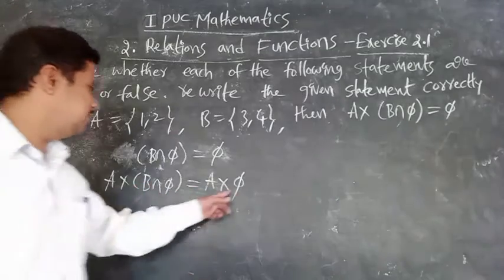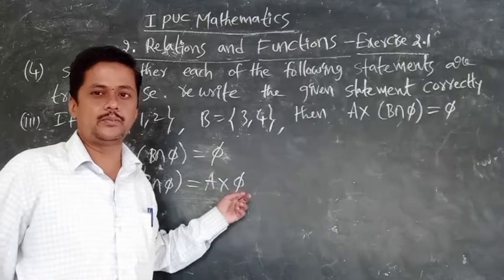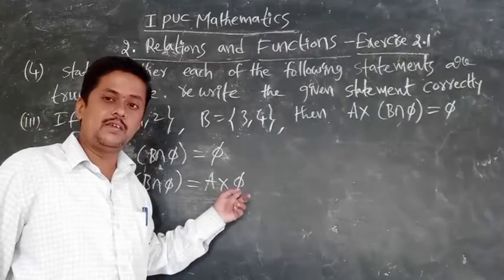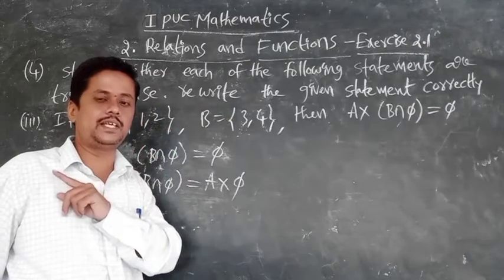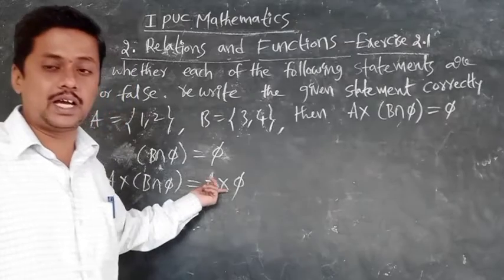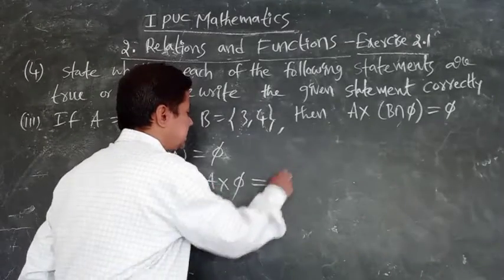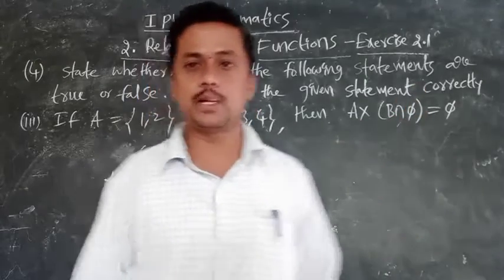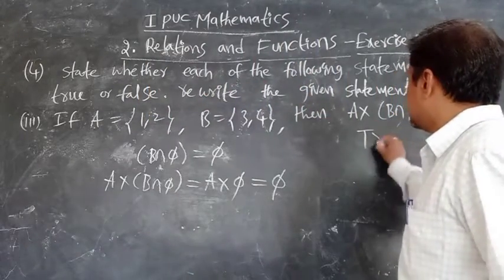So A cross phi. I already told this point in the last video. A cross phi means if any one set is phi, then its Cartesian product is what? Phi only. The answer is phi. So this is right. This is a true statement.